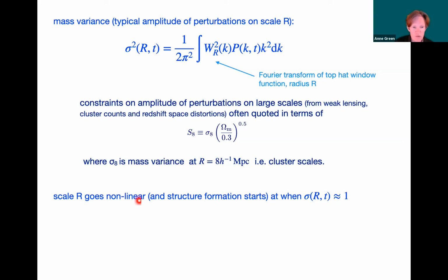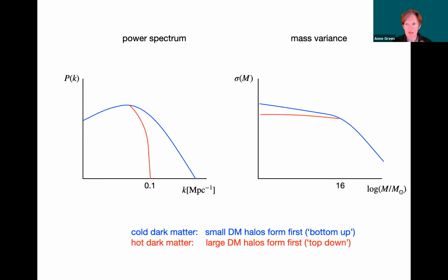And so a scale goes non-linear, i.e. the fluctuations become of order 1 and they collapse to form gravitationally bound objects, once the mass variance is of order 1. To give you a visualization of this, on the left I've got the power spectrum as a function of comoving wave number. On the right, I've got the mass variance, which is probably the physically more intuitive quantity.